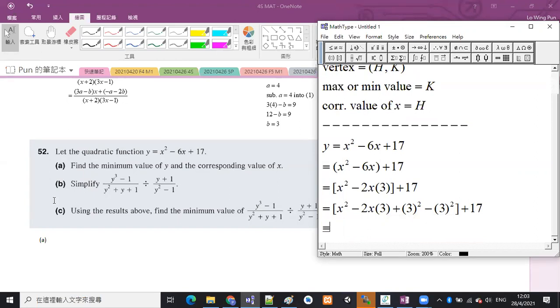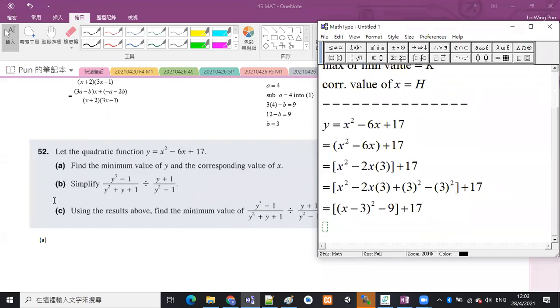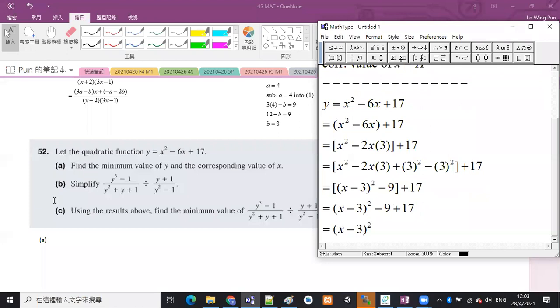For the first 3 terms, we have x squared minus 2xy plus y squared. So we have x minus y bracket square. And then minus 9 plus 17. And then it becomes x minus 3 square minus 9 plus 17. That is plus 8.